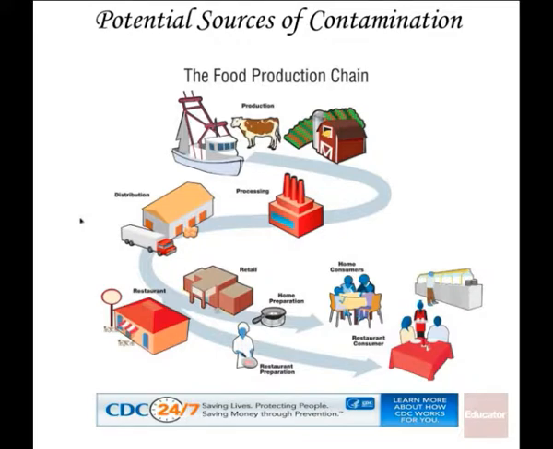The storage, the barns, the processing plants in terms of meat and other foods, distribution: where and from which locations did the food come from? How were they distributed? Then the different retail establishments: were the foods located in a particular store or group of stores, or were they widespread all over the United States?